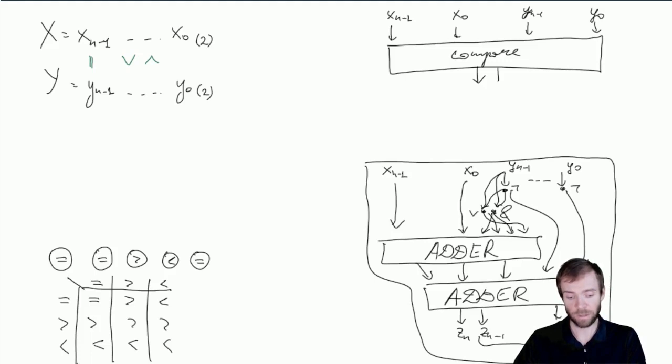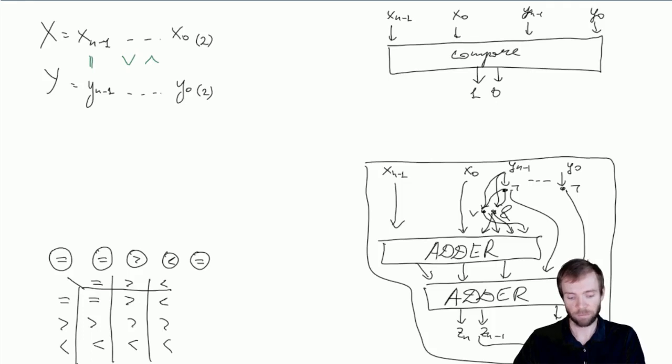We can encode this using two Boolean values again. So we can say that if we have 1, 0 on the output, then this circuit means that x is greater than y. If we have 0, 1, then this circuit tells us that y is greater than x. If we have two zeros, then the numbers are equal. So in case when we have two zeros, we need to output 0.